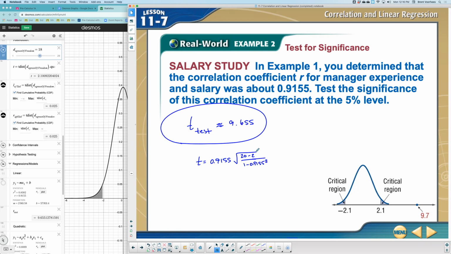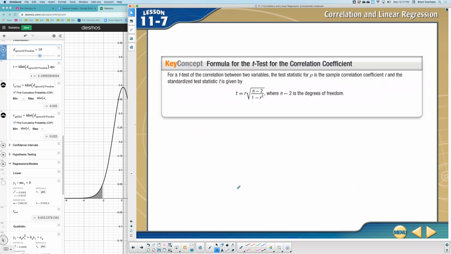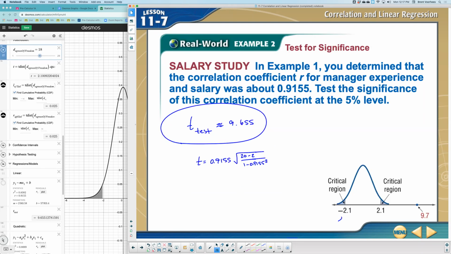If I remember that formula correctly, I'm going to double check real quick. Yes. And these values come from the t-score values with 18 degrees of freedom, is where those came from.